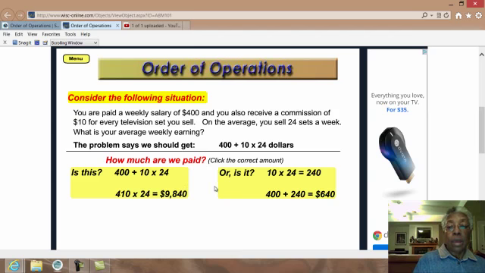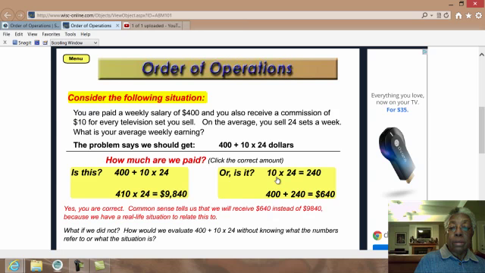Let's look at this. The correct answer is, yes, you're correct. Common sense tells us that we will receive $640 instead of $9,840 because we have a real life situation to relate to this.